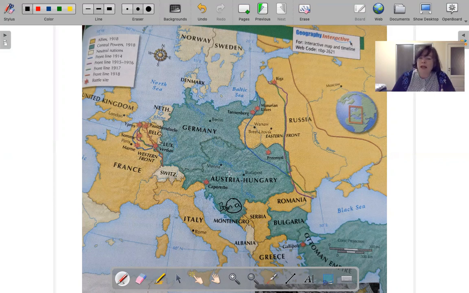Bosnia is part of the Austro-Hungarian Empire. But a bunch of Serbians live in Bosnia. Well, Serbia is trying to break away. They're doing nationalism. They want to have a giant Slavic state. They want to join a whole bunch of these countries here and make one large Slavic nation.